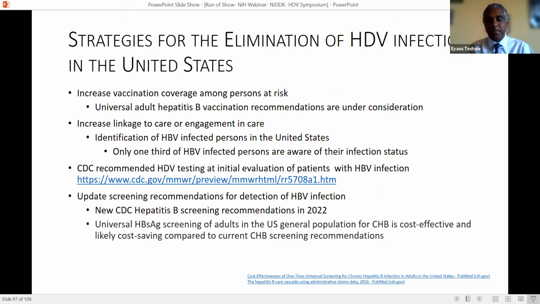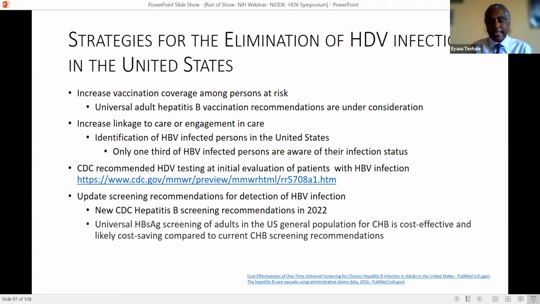Effective hepatitis B prevention by increasing hepatitis B vaccination coverage, increasing awareness and linkage to care, and treatment of hepatitis B is key for HDV prevention. In 2008, CDC recommended HDV testing at initial evaluation of patients with HBV infection.